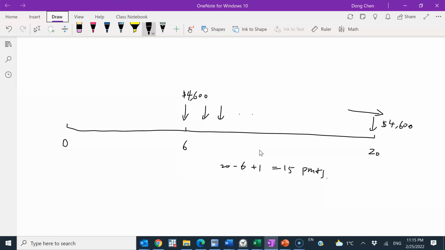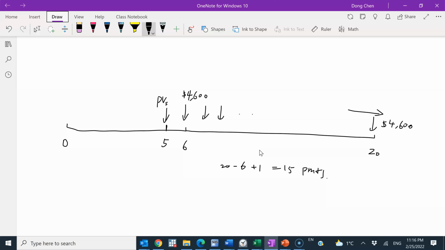Back to when we can apply the present value of the ordinary annuity formula: we need to make sure the first payment starts from the next period. That means we need to stand not at year 0, but at year 5. If we apply that formula, what we are calculating is the PV in terms of year 5.